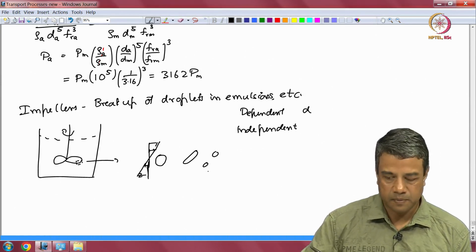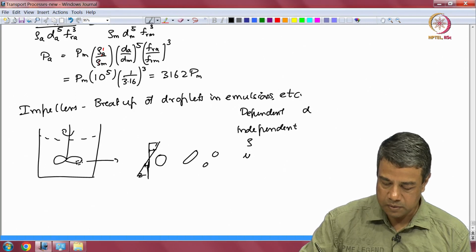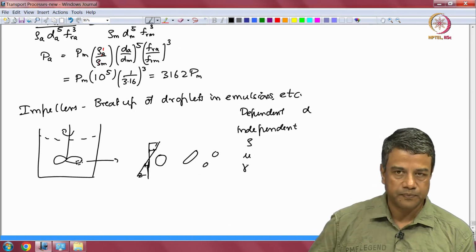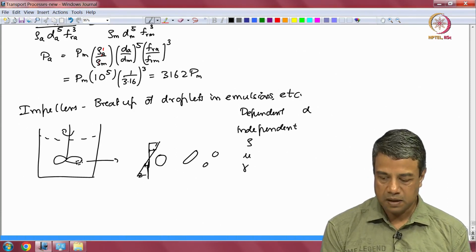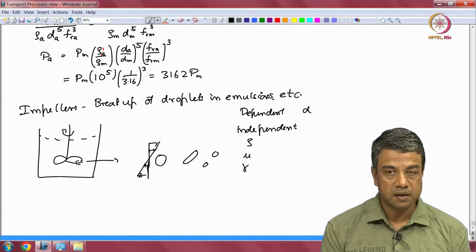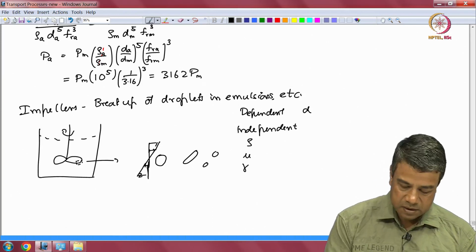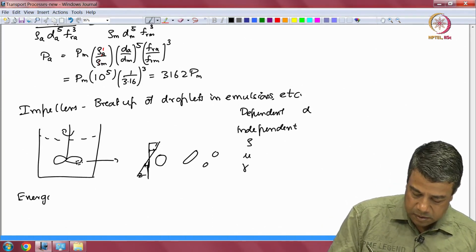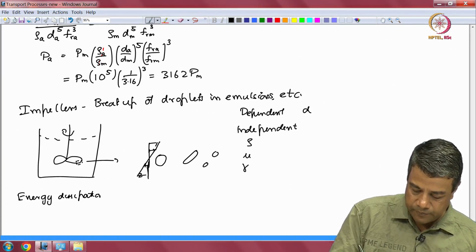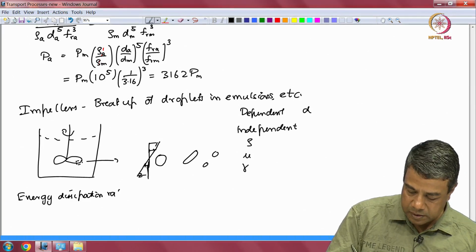are the fluid properties rho, mu, and surface tension. These are the fluid properties, and there is also one other parameter that is important, and that is what is called the energy dissipation rate per unit mass.